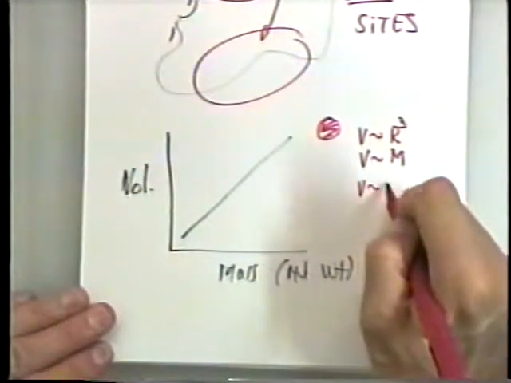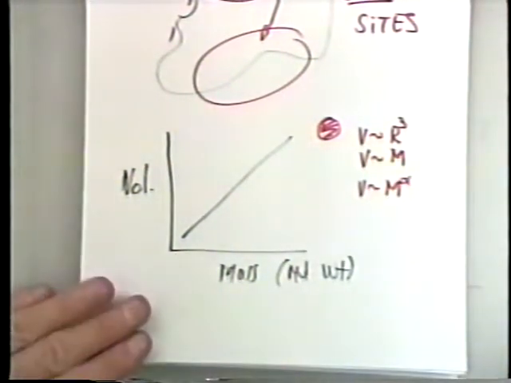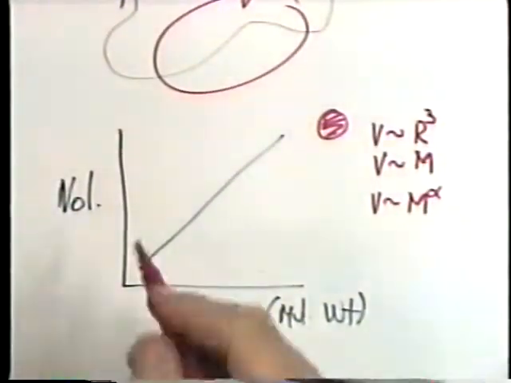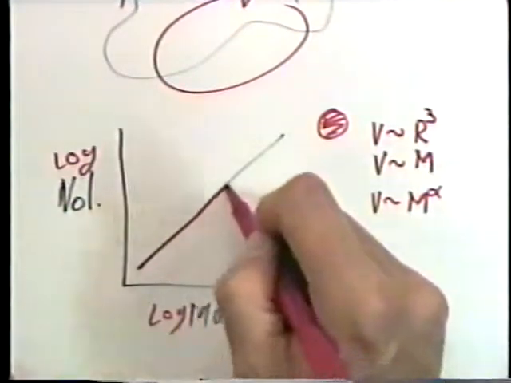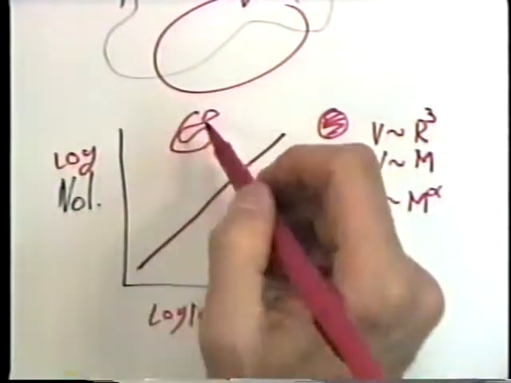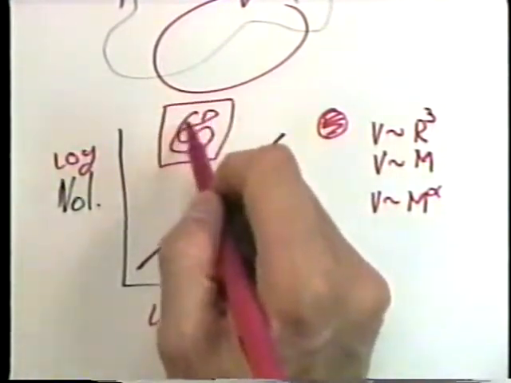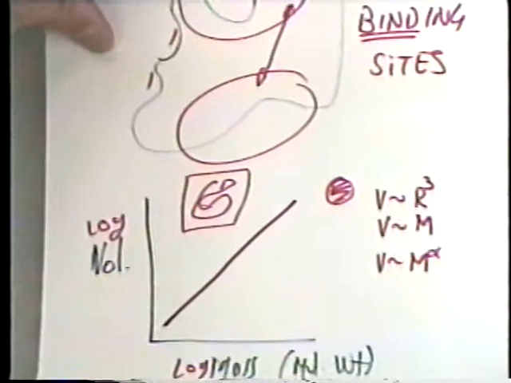But what we see is actually the volume goes as the mass to some power, which is not 3, not 1. And so we get on a log-log plot a different slope here. And that tells us something about how compact the proteins are. Proteins collapse. Let me say it in a more technical sense.